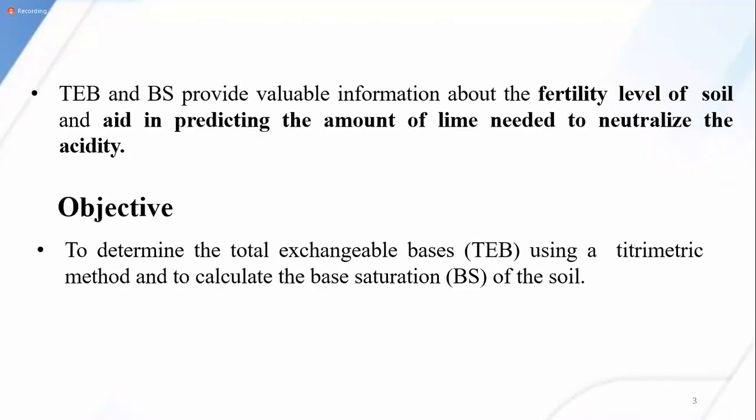So you can see some information you can get from determining the total exchangeable bases. Okay, so mainly we can find the fertility level of the soil. Right? Then also you can predict or find the amount of lime that should be added to neutralize the acidity.